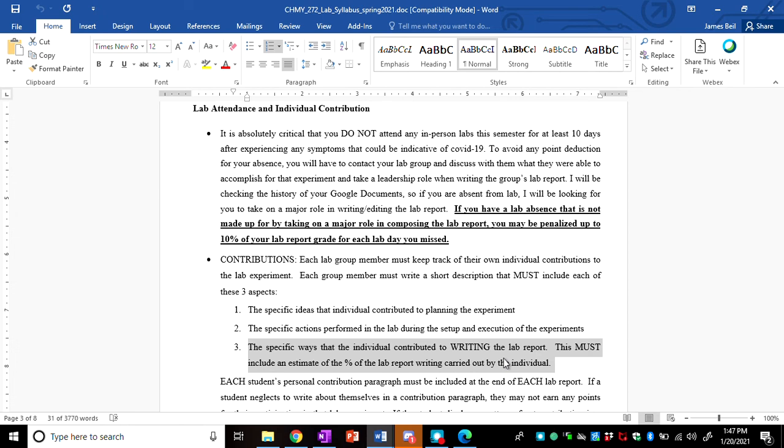So I would recommend doing that sooner rather than later this time around. Try to learn from that mistake a little bit, and if you can get those lab report rough drafts ready for me to look at within a week or two of collecting the data, then I can give you really nice, thorough comments, and you'll have time after that to address my edits and comments before submitting the final draft.